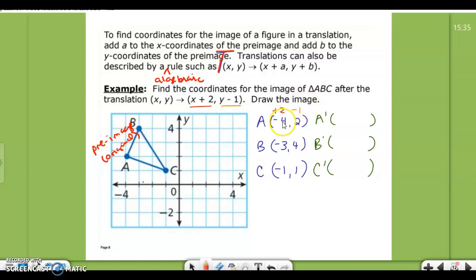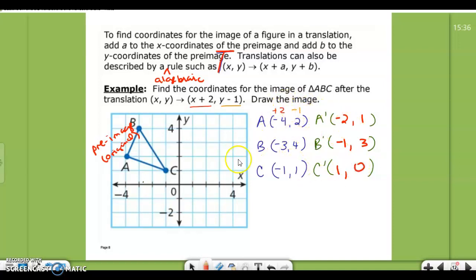And all I'm going to do is take my -4 plus 2, -2. -1 plus 2 is 1. -3 plus 2 is -1. 4 and a -1 is going to be 3. -1 plus 2 is 1. And -1 plus 1 is 0.